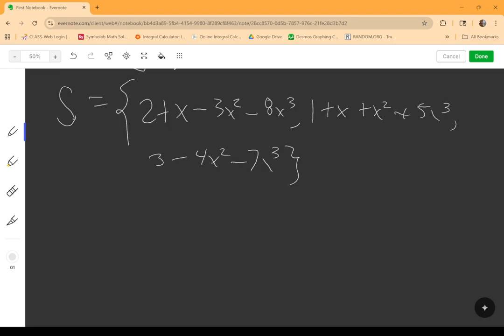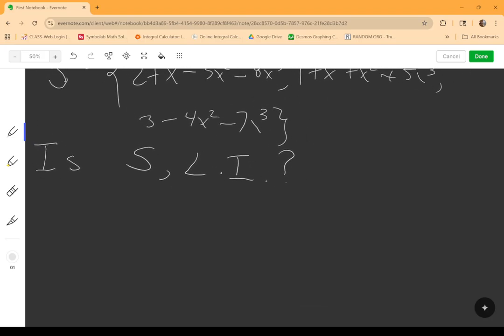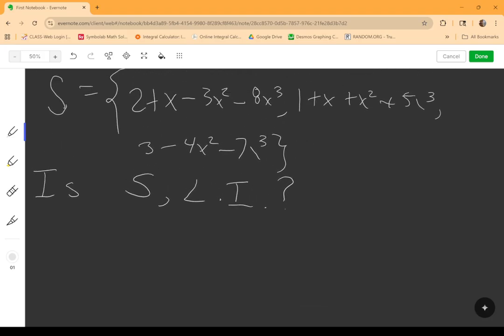And I want to determine if S is linearly independent. So what I would do here, again, I have 3 vectors here.